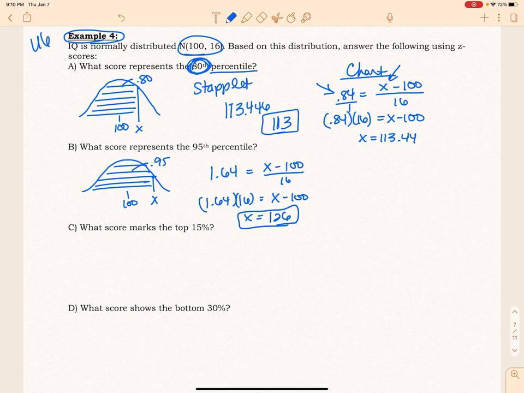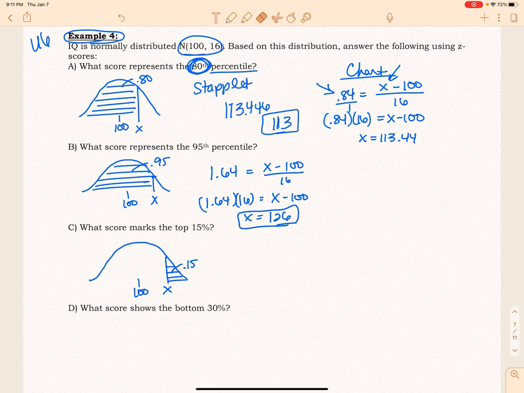All right. What score marks the top 15%? So the top 15% would be right there, and I want to know that value now. Okay, for this one, you have to be careful if you use your z-score for your chart, because if you look for 0.15 in your area, it's going to find this one over here, and that's not the one you want.